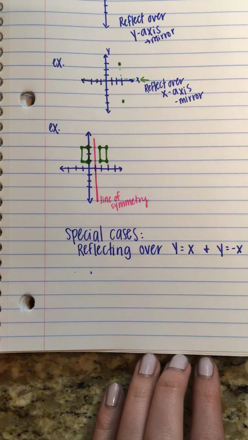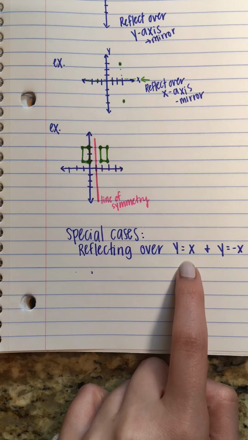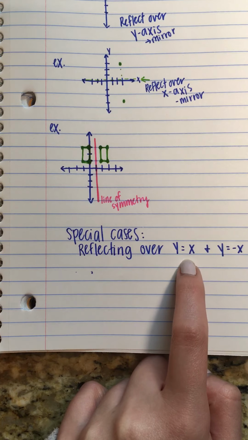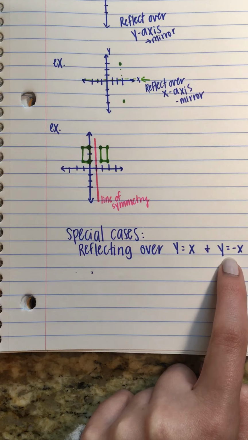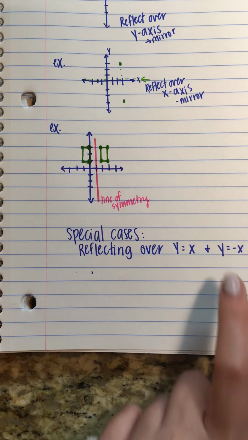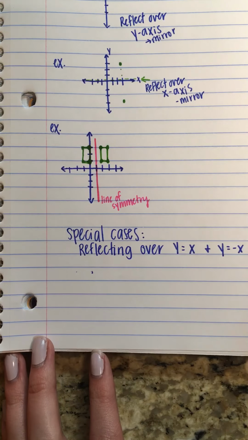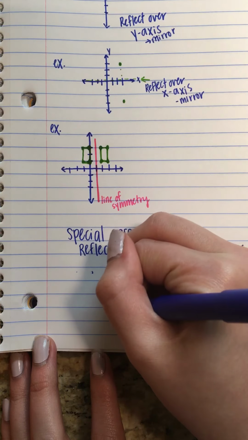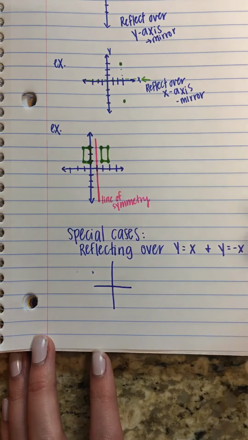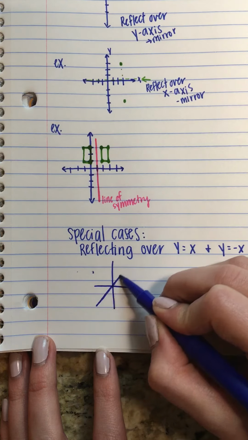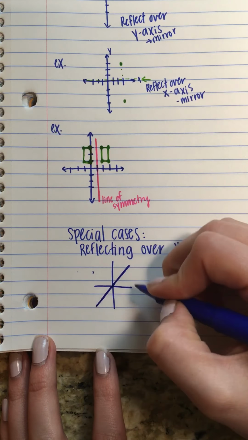If you remember when we graphed this first one, y equals x, it goes through the origin, it has a slope of 1, up 1 over 1. Y equals negative x, down 1 over 1. So you can kind of picture that these are 2 diagonal lines. So for example, here's my y equals x.